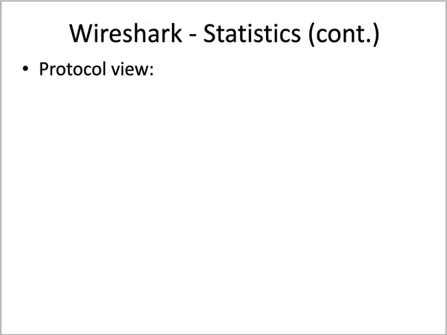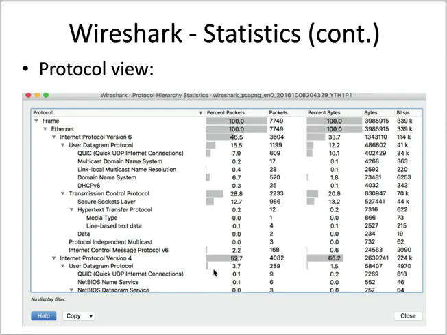There's another view that I like a lot called the protocol view, and it looks like this. 100% of the things I captured were frames. 100% of those frames were Ethernet. 46.5% of them were IP version 6. 52.7% of them, down at the bottom, were IP version 4.